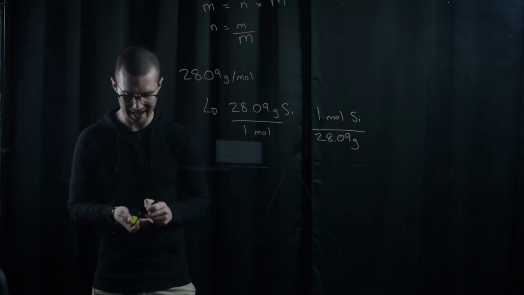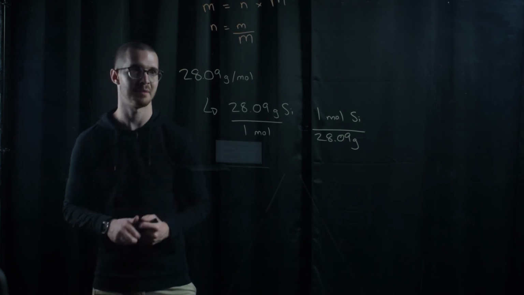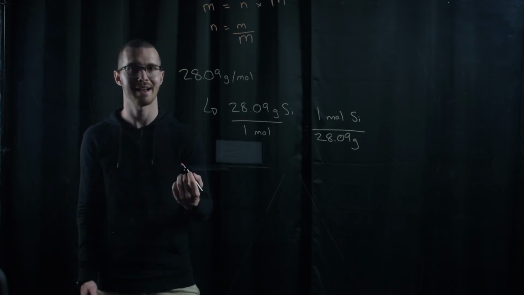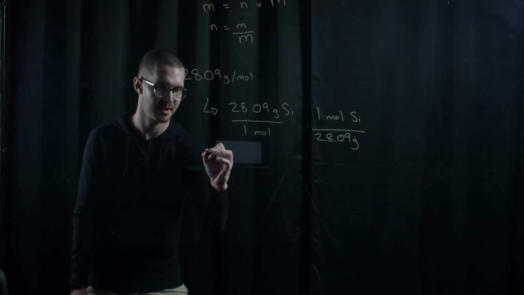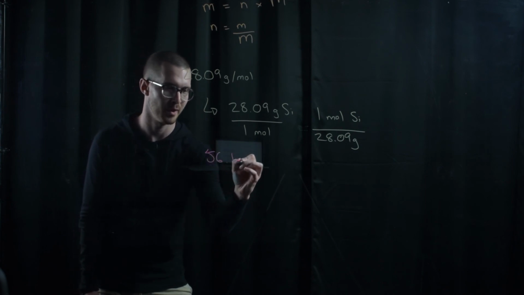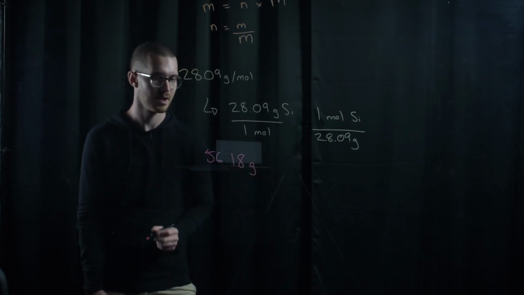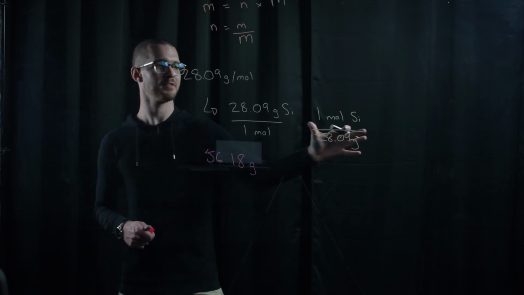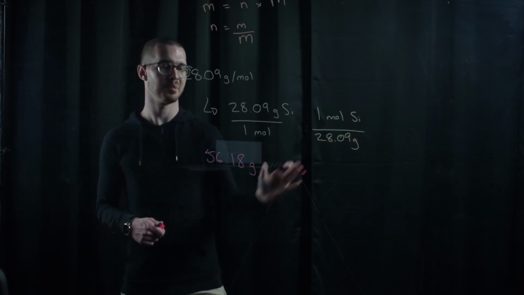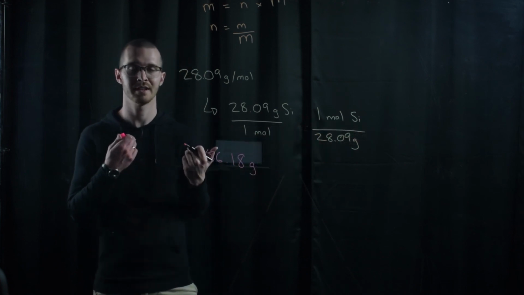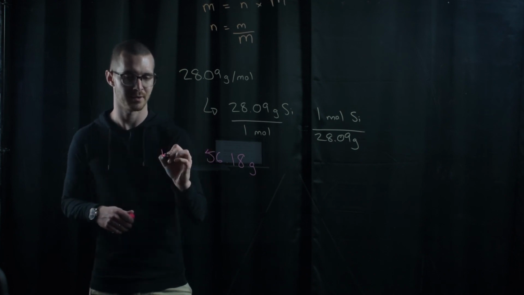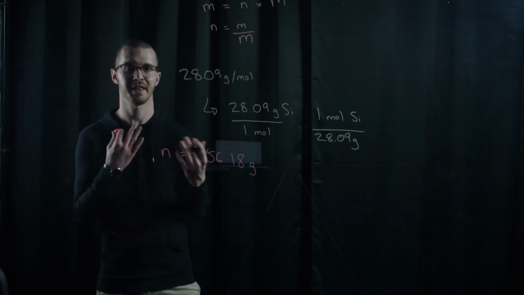So if we're looking at this example where we're given the mass of silicon, which is 56.18 grams, we want to choose one of these ratios that's going to help us get rid of grams. We're trying to find the number of moles, right? So n is equal to the number of moles.